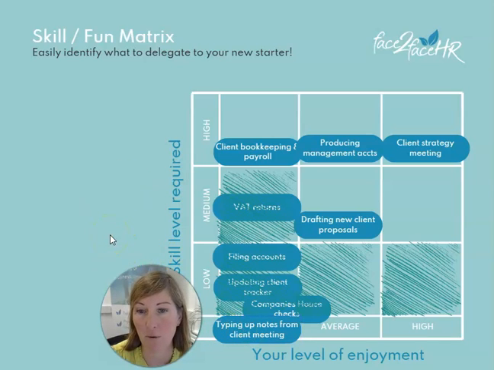So the low skill, low enjoyment is a delegate. Moving up to high skill, low enjoyment, that might be an outsource. So there is an option here for this business owner actually to outsource some of the bookkeeping and payroll to perhaps a bookkeeper or a partner rather than employing.